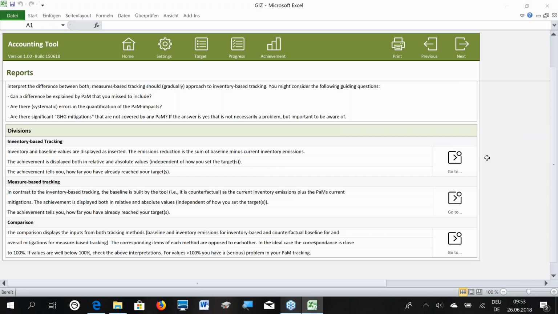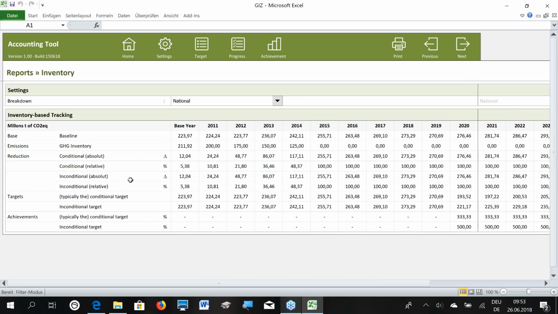So if you go here then to the first report, the inventory based, you have, just for completeness, your baseline data, your inventory data, and also the reduction for all targets you set in the settings part.